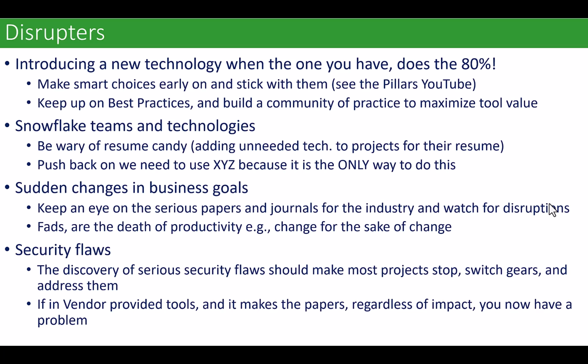Security flaws? I hate to say it, but these can be major disruptors. And if the security flaw is discovered early, and as far as you can tell, it hasn't actually been exploited yet, and you can get out ahead of it, that's great. But understand that you just ate up a bunch of capacity that you had reserved for story points that you'd committed to. So you should have some sort of change request system, right?